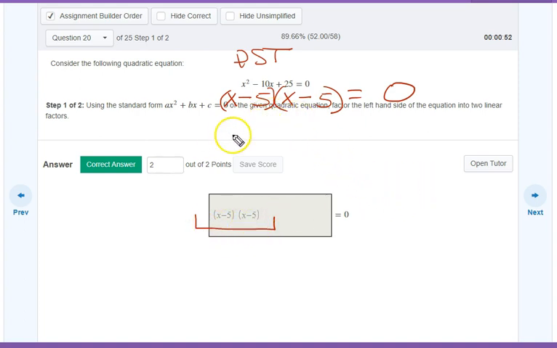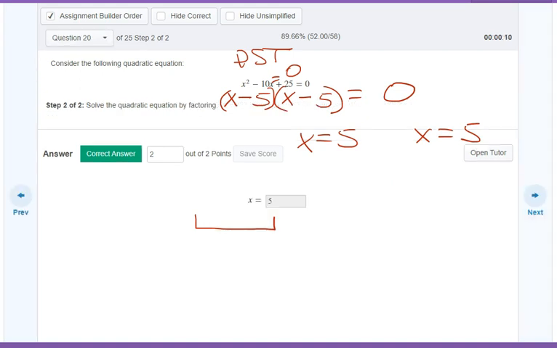Now, when we solve it, we equal each of these to 0. And we're going to have x equals 5 for one, and x equals 5 for the other. That's on the next slide. And let's just do that here. And since they're both the same, we only use it once. Okay.